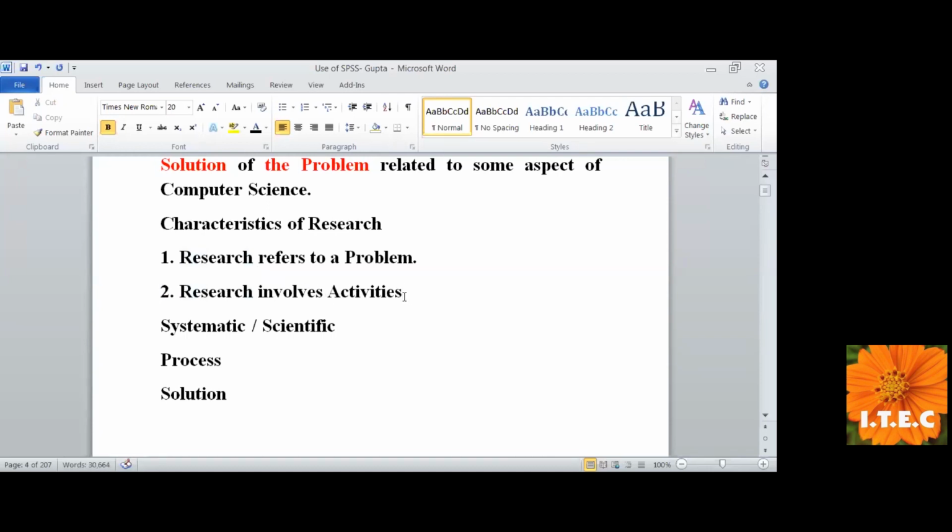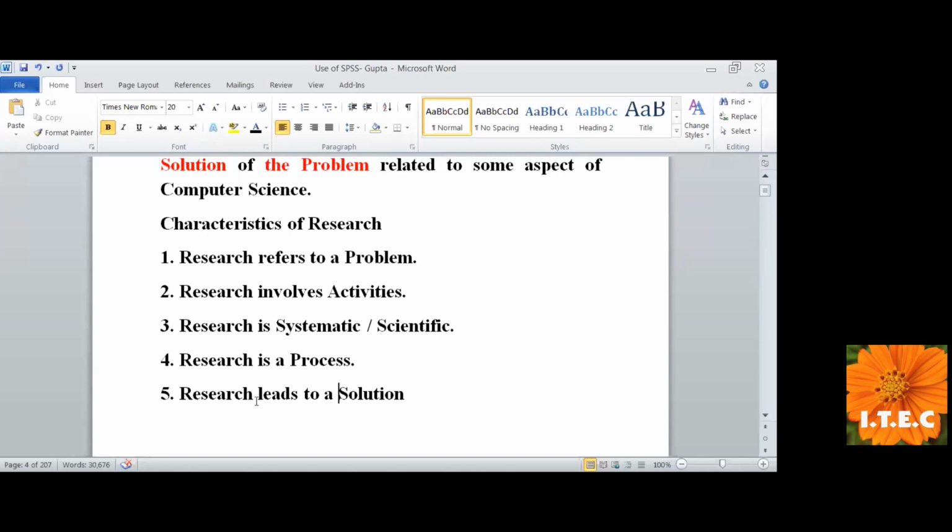This is another characteristic. The third characteristic is research is systematic or scientific. Then fourth is research is a process. And the last characteristic is research leads to a solution.